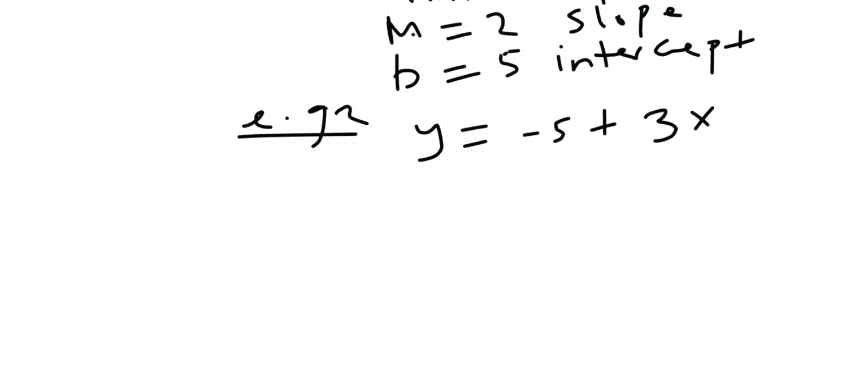What is important is where your x variable is. So you look at it, that is our slope m. Our m is 3. Our intercept b is -5.